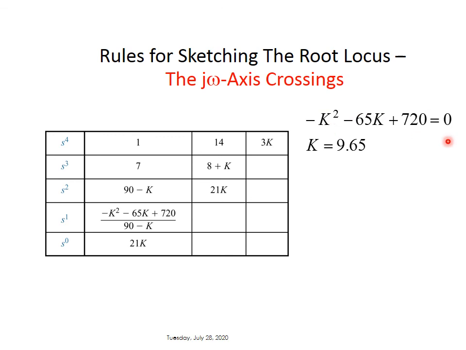This equation is basically the condition for us to have poles at the j omega axis crossing, and it is only true if, when you solve this quadratic equation, you get k equals 9.65. So it is only true if k equals 9.65.